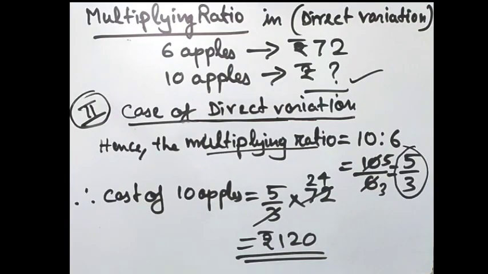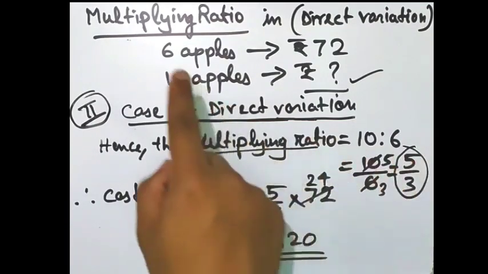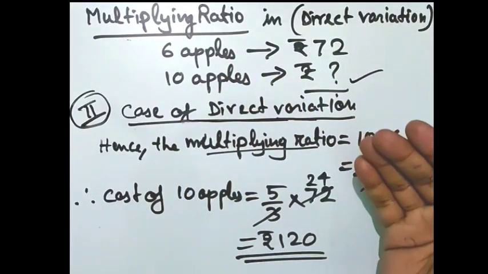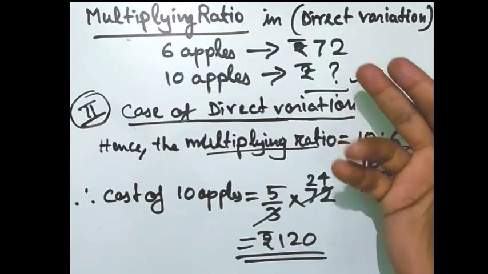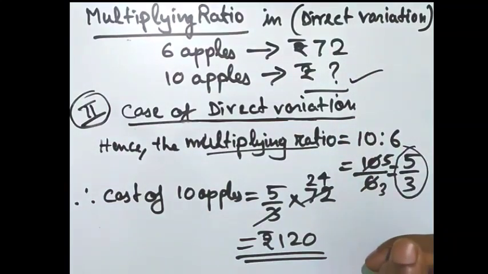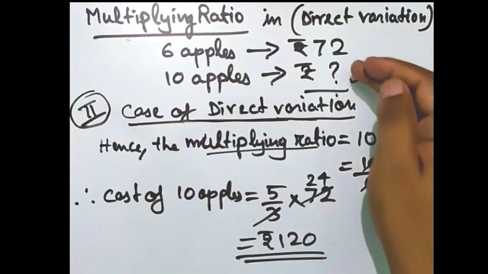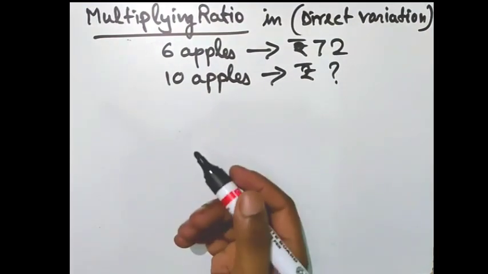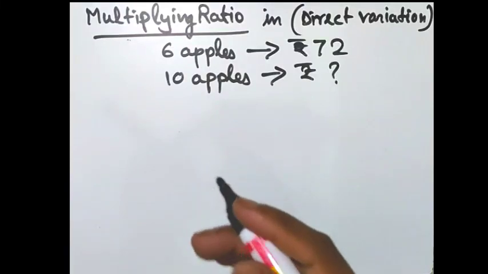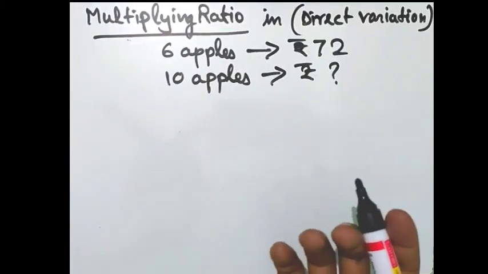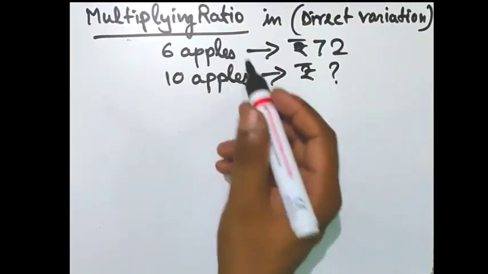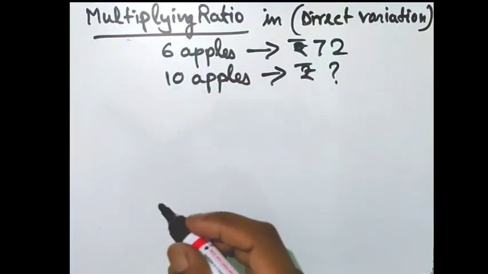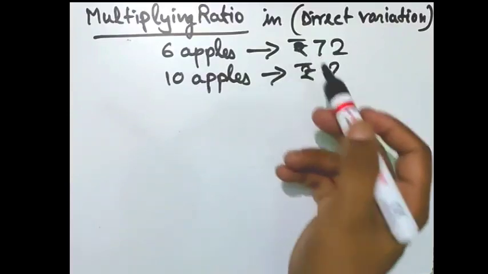Now before moving on to finding the multiplying ratio in indirect variation, I'll show you one more method which you can use to find the answer. This method is the one you already know, the unitary method, right? Here again you have to identify what kind of variation it is. We know that this is a direct variation.